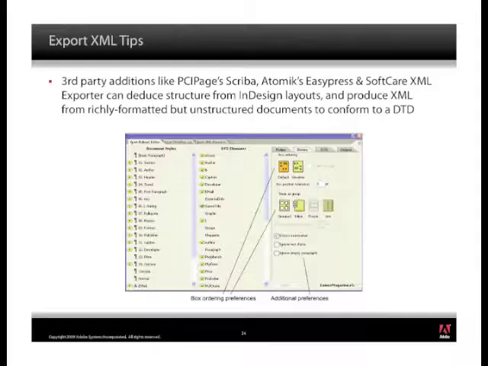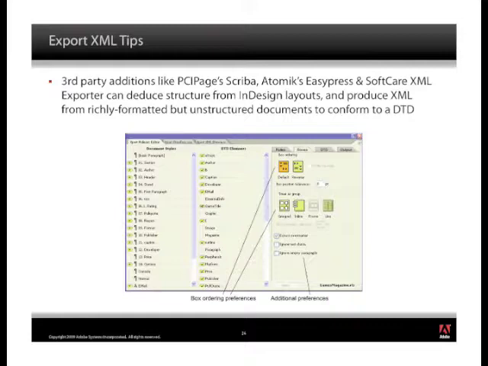There are also third-party products, a couple called EasyPress from Atomic and PCI Pages Scriba that actually do an artificial intelligence scan of a document and will tag things to conform to a strict DTD without the user actually having to tag content inside the InDesign document, which can get very complex on things other than straight textbooks and simple formats for books.